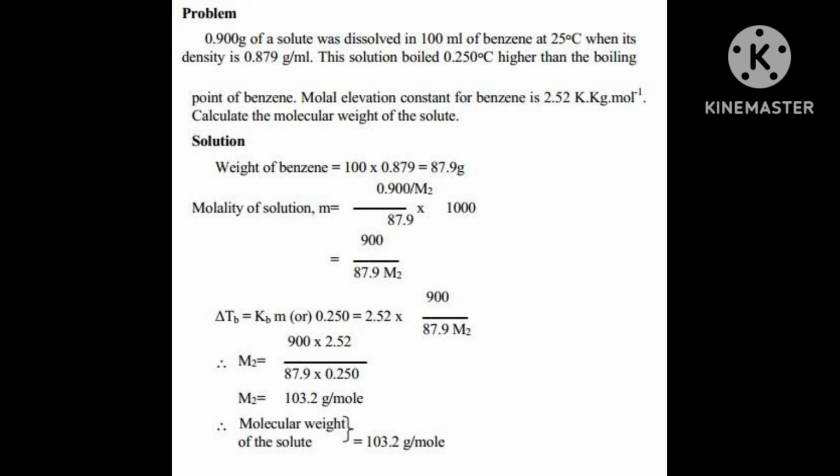Suppose a small b subscript is used for the boiling point. Then suppose Tb is the boiling point, and Tb zero, with the zero subscript, you write for the pure solvent.